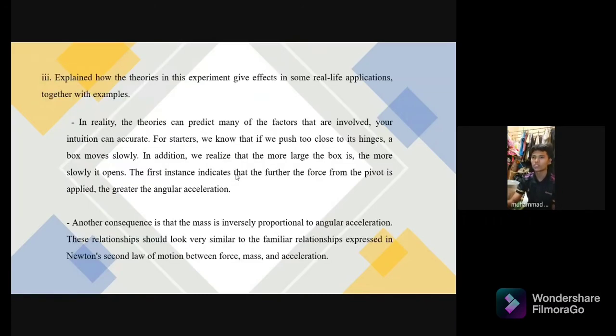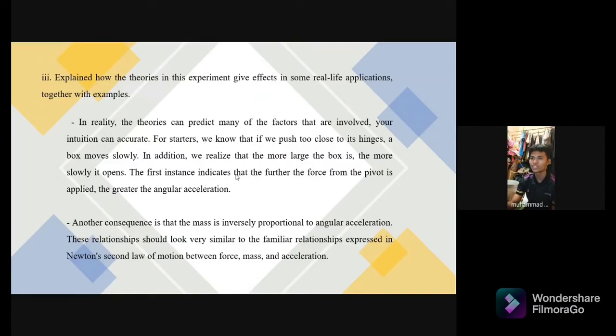Okay, the next question is explain how the theories in the experiment have effects in some real life applications together with examples. My explanation is that in reality, the theories can predict many of the factors that are involved. Our intuitions can be accurate. For starters, we know that if we push too close to its hinge, a box moves slowly. In addition, we realize that the larger the box is, the more slowly it opens.